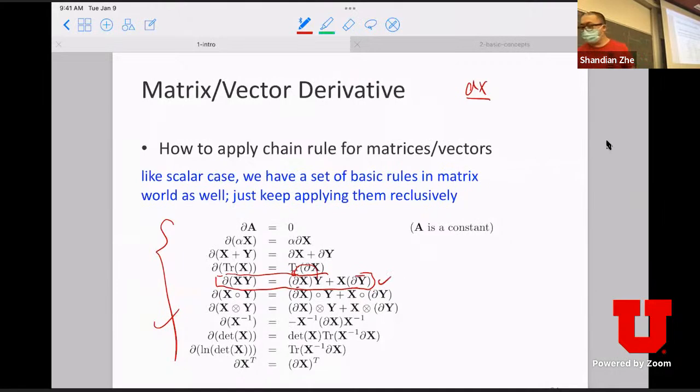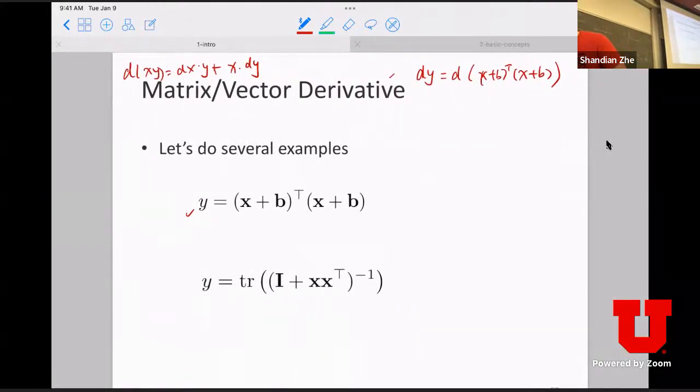We use this rule to decompose this dy. You can view this as a matrix multiplication. So first, you apply the derivative to the first term in the product, then multiply with x plus b. And second, you take the first term out and then apply the derivative over the second term.